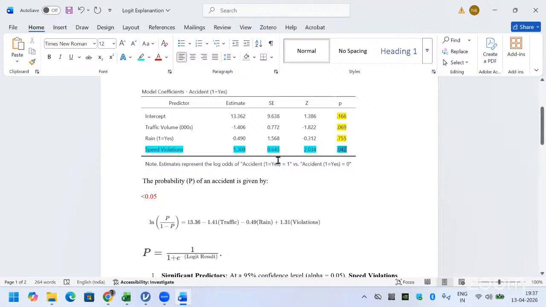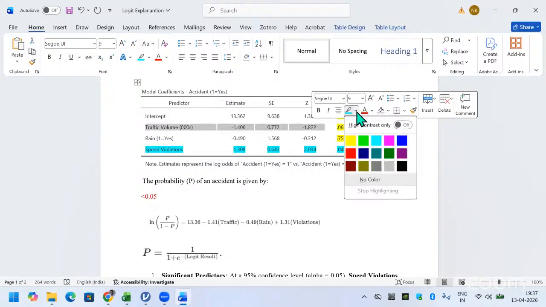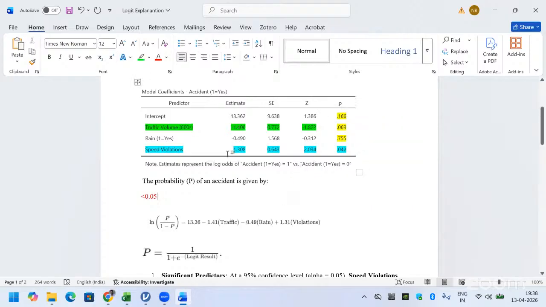So this is definitely causing a huge impact on the accidents. And maybe I can consider traffic volume as next impacting, though it is not less than 0.05, it is somewhat near to that. But rain is not going to be significantly impacting. Just a normal question: when it is raining, whether you are driving a two-wheeler or four-wheeler, will you drive fast or slow?